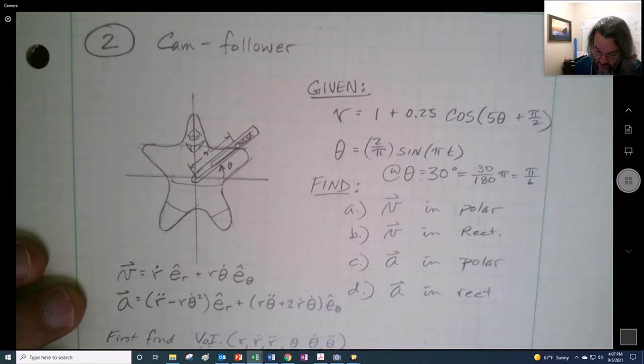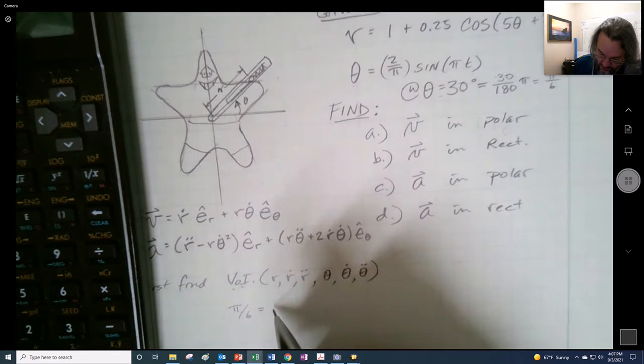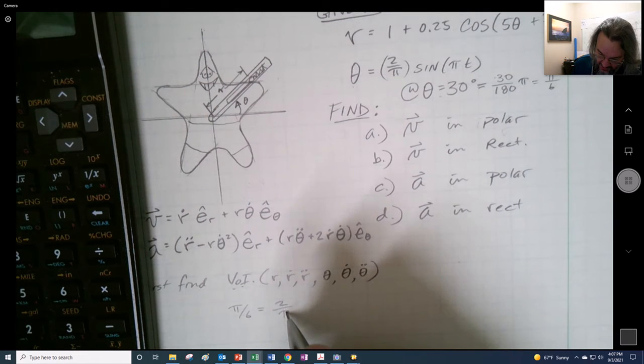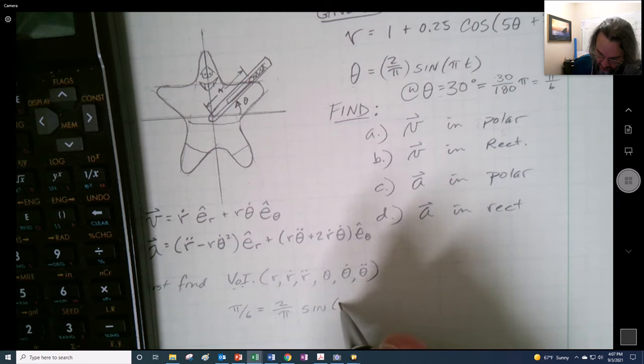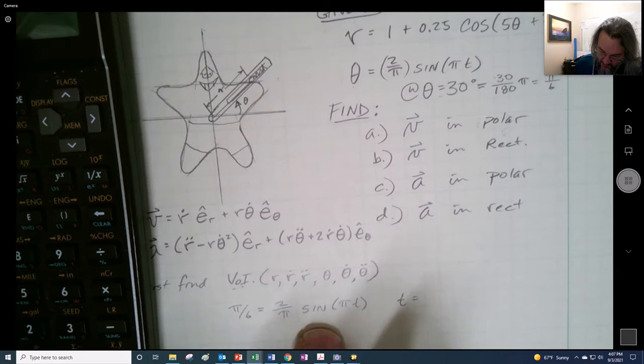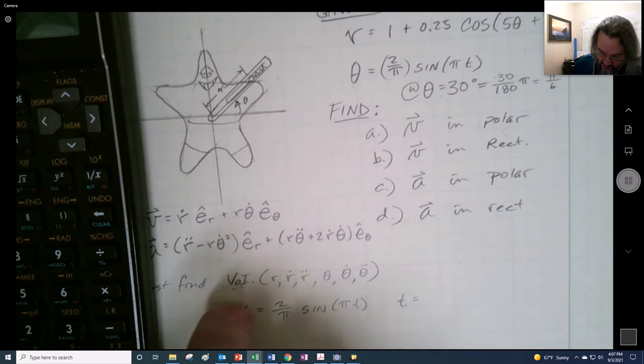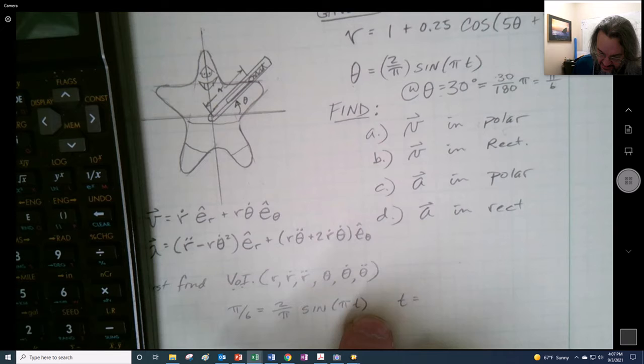So what we could do is say if pi over 6 is equal to 2 over pi sine of pi t, then the time we find right here, we can divide this by 2, multiply it by pi, take the inverse sine of this side, and whatever that is will be equal to pi times t. We can solve for the time, all right?